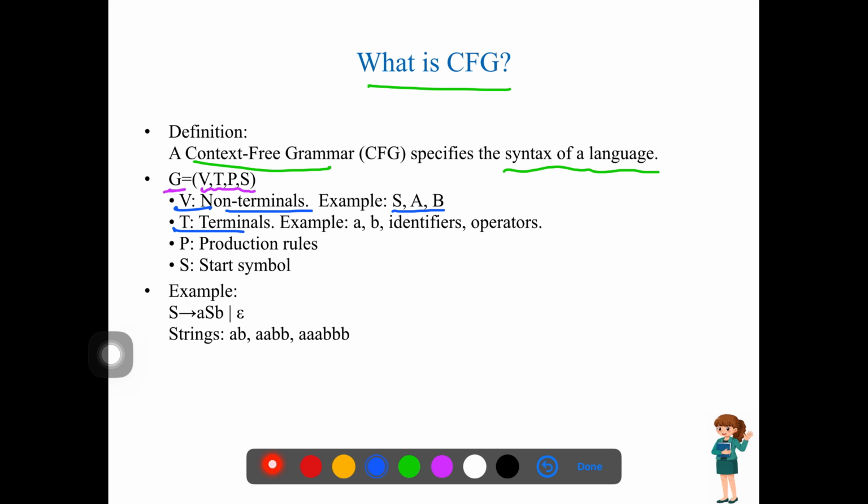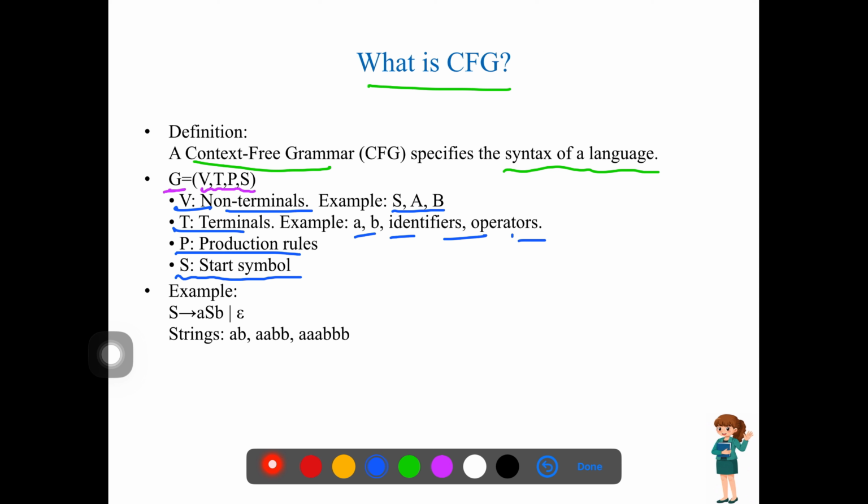T is the terminals. It is the actual symbol that appears in the final string, for example a, b, identifier, operators. P is the production rules, which define how non-terminals are replaced. S is the start symbol, the symbol from which the derivation begins.